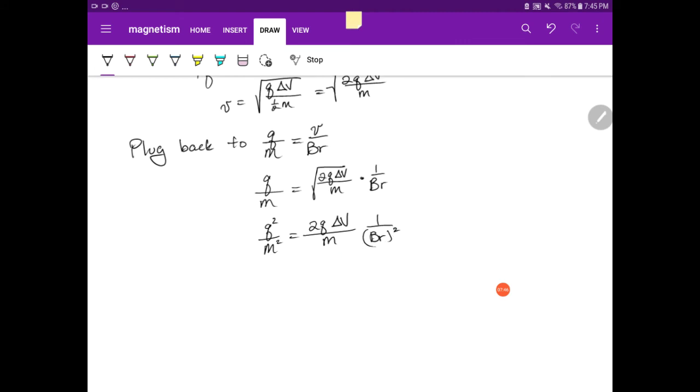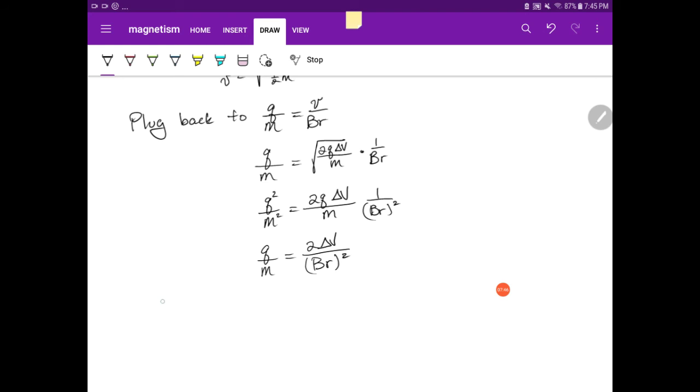And then I'm going to move all the Q's over M's to one side so that I'll get Q over M is equal to 2 delta V over B R squared. And in this case, Q is equal to the electron charge.